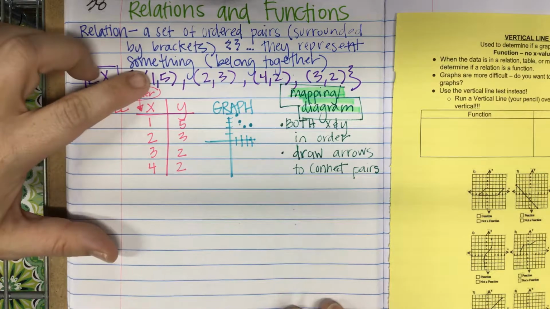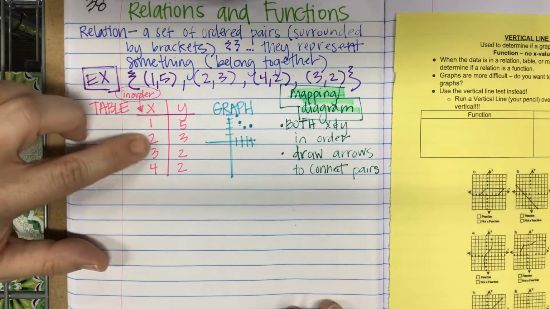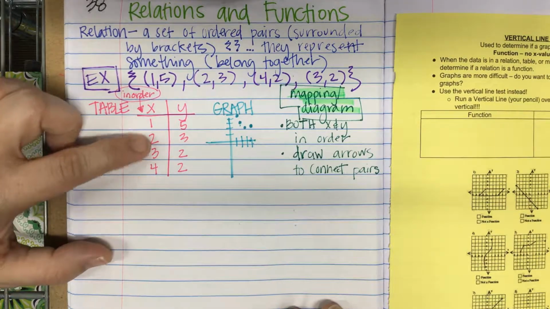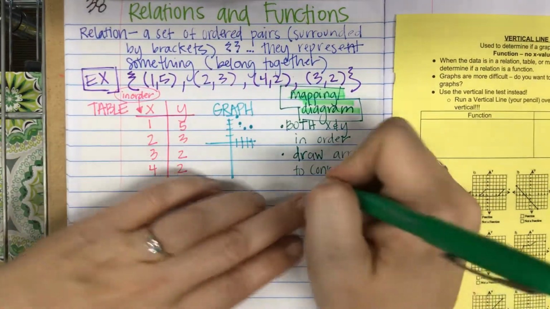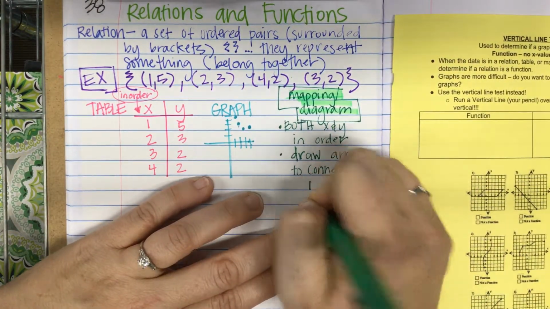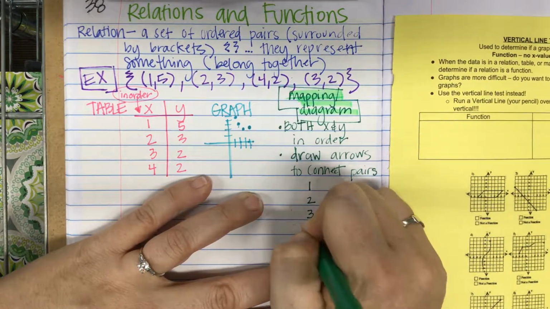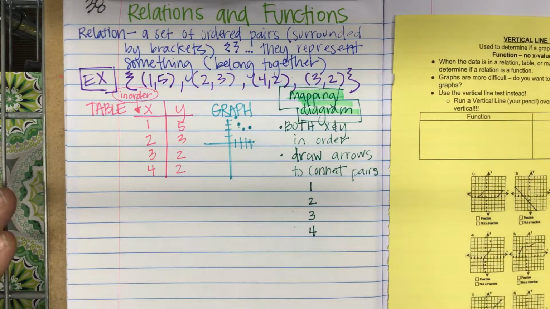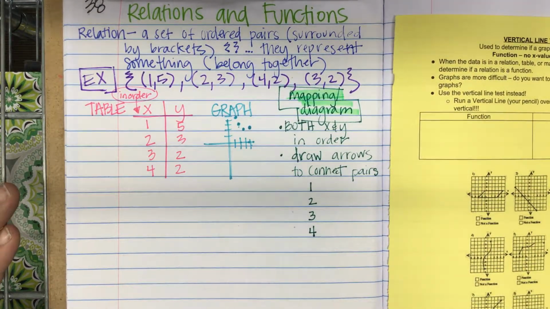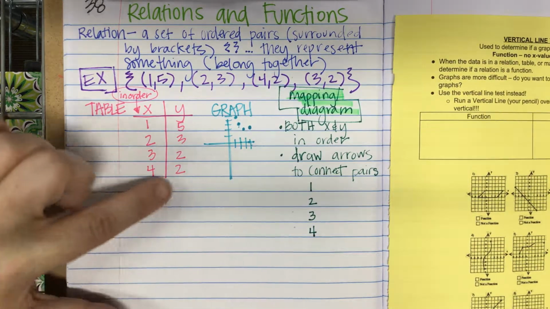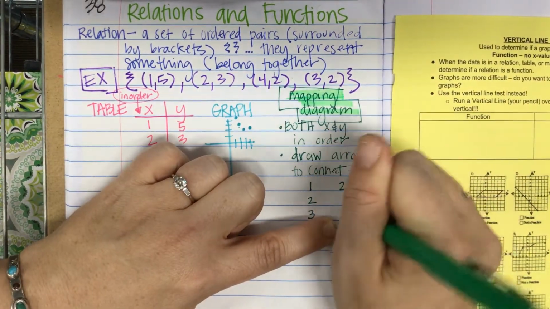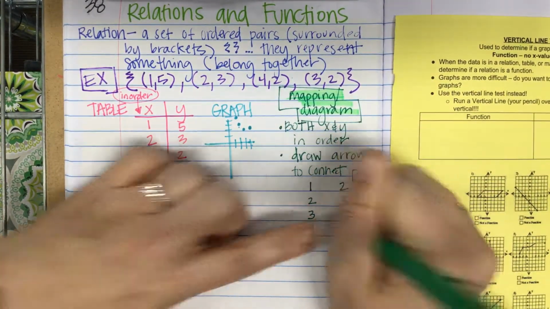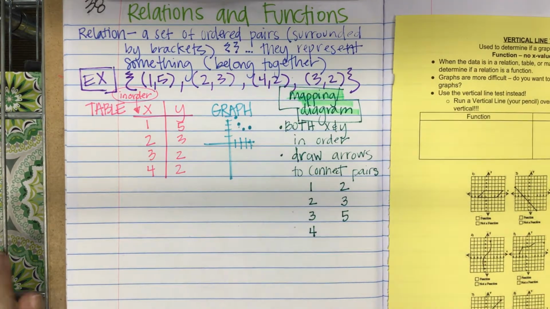So if I look, my X values are in order right here. Do you agree? 1, 2, 3, 4. And I have to put my Y values in order. So I have 2, 2, 3, 5. I'm also not going to write any repeats down. It's just 2, 3, 5.